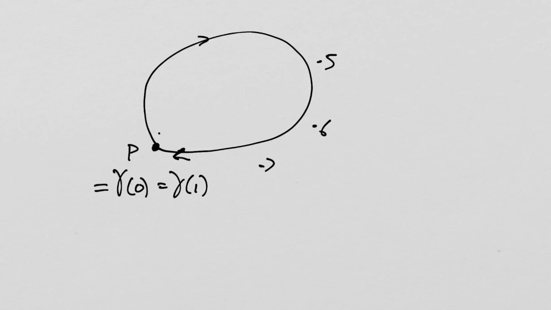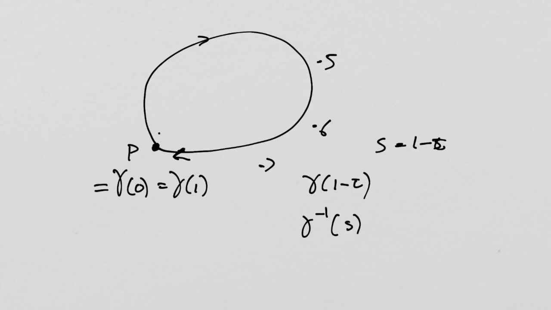Because the first thing I notice about this, although this was actually true of the paths as well, is that all paths can be traversed in the reverse direction, right? I can traverse the path this way, and it's still a path, right? Because now I'm going to traverse gamma of 1 minus t, and then if I define s to equal 1 minus t, I can define a new path, call it gamma inverse of s.